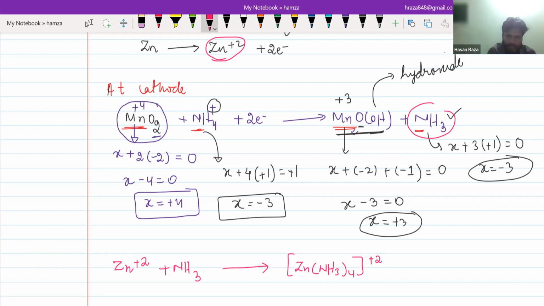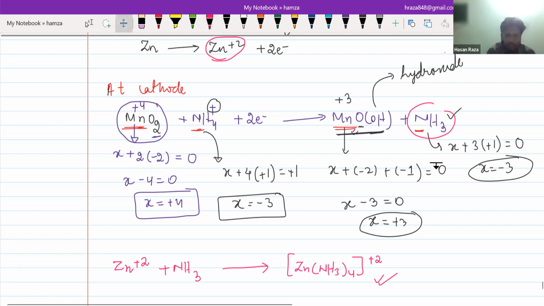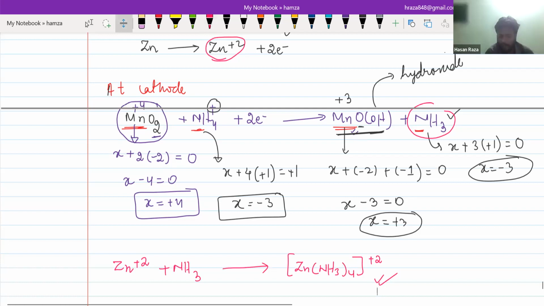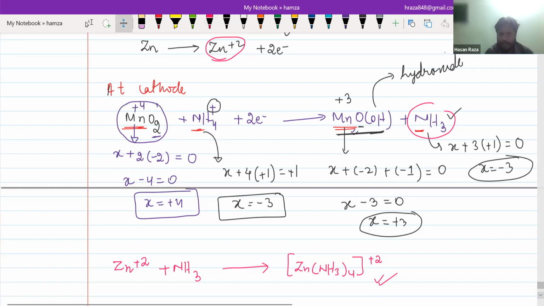Basically, NH3 is a very good ligand, a strong ligand, so can it form a complex compound? So write this equation also. Then I'm going to write the net cell reaction. Net cell reaction means the reactions at cathode and anode, and we have to add these two equations.